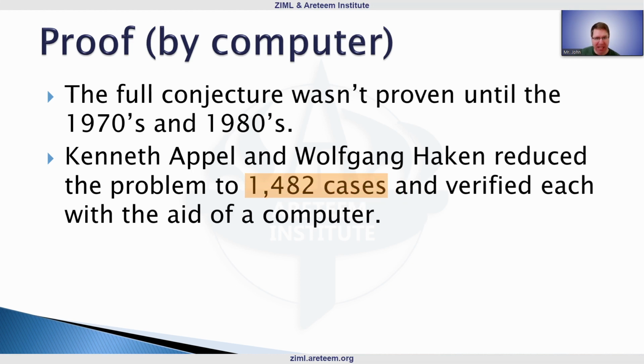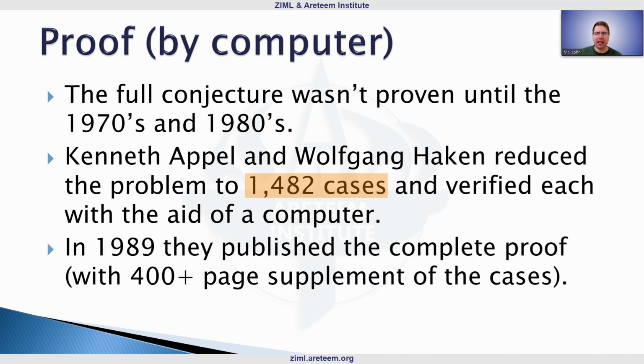1,482 cases. Actually, the first draft had like 1,800, and then they said, oh, some of those are redundant. We can reduce it down further, still down to 1,482 cases. And they verified each and every one of them with the aid of a computer.